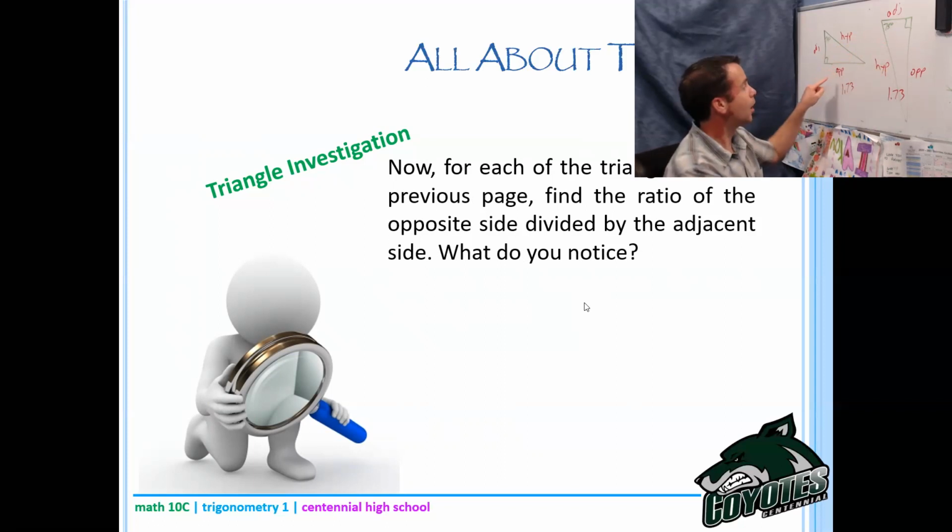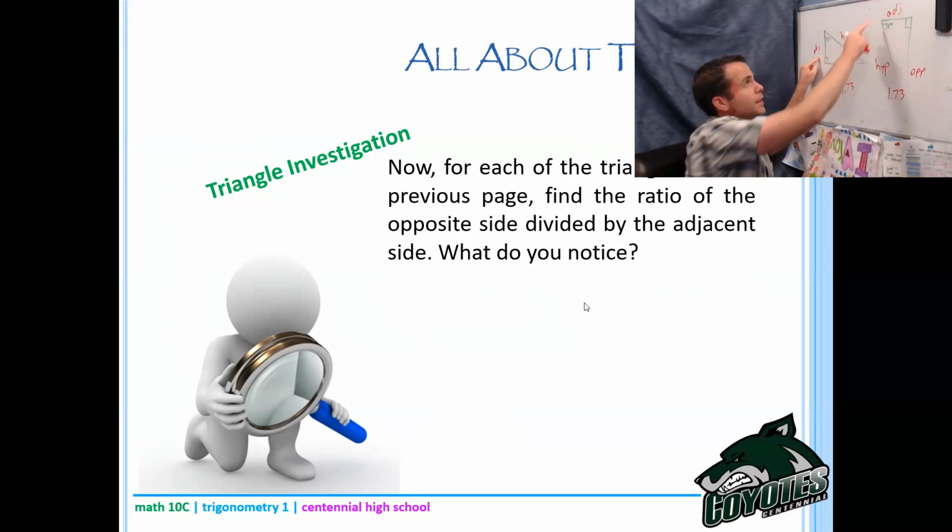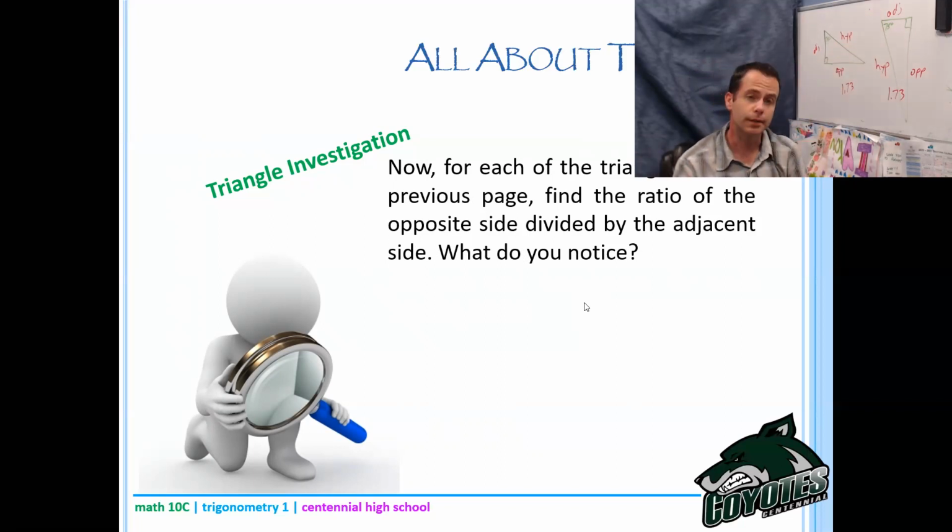Opposite and opposite would have to be corresponding sides, and adjacent and adjacent would have to be corresponding sides. So if I take the opposite and divide by the adjacent, I would always end up getting the exact same ratio for similar triangles.